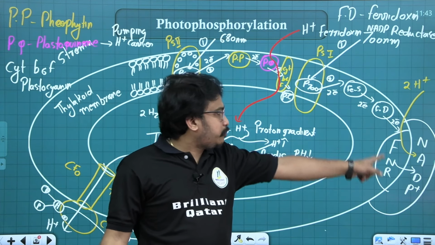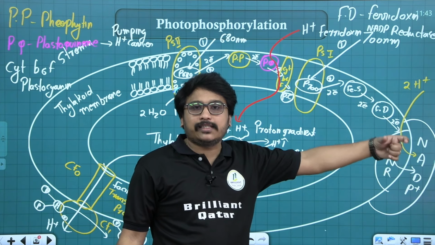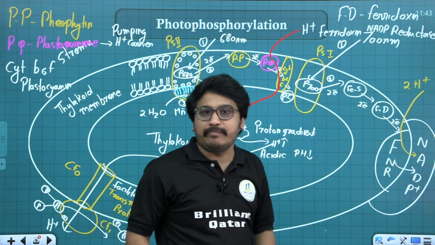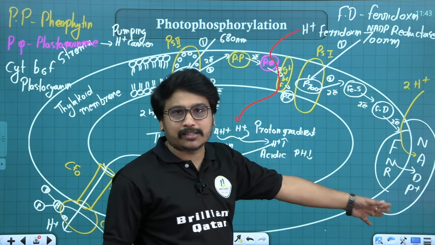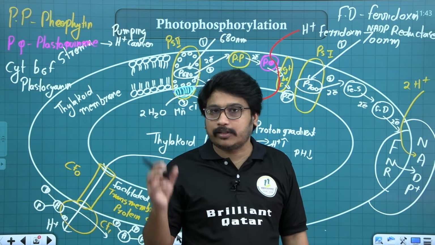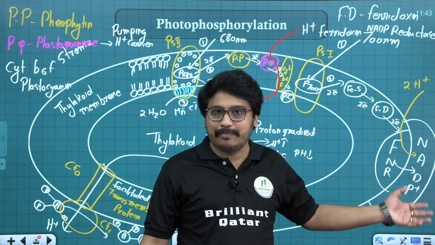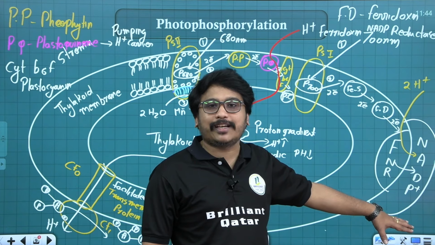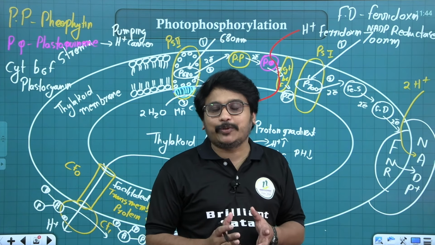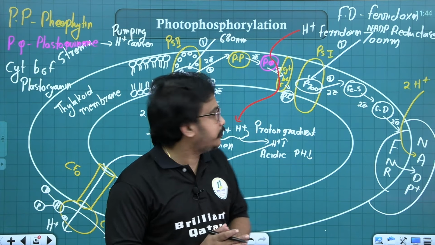So by using H plus from the stroma and electrons from the ferredoxin, they convert NADP plus into NADPH, also on the stroma side. Understand? Light reaction, though it takes place in the grana or thylakoid, both the energy currencies, ATP and NADPH, are actually formed inside the stroma. Using those only, in the stroma, dark reactions are going to take place.